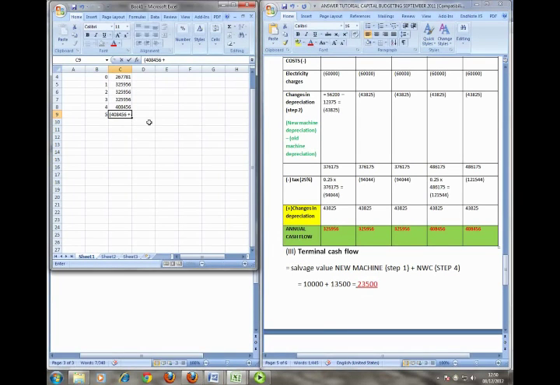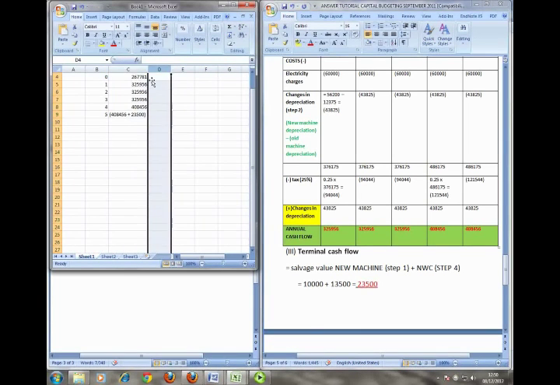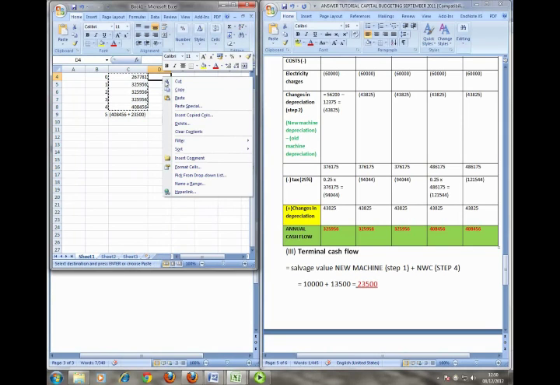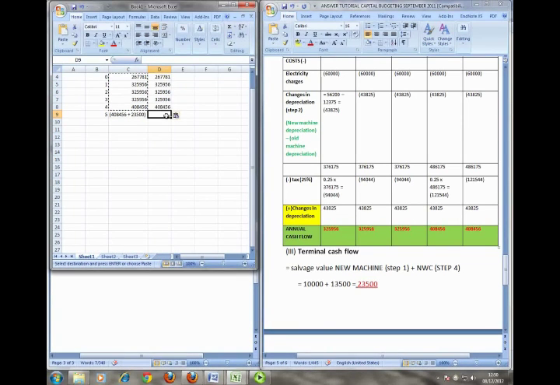Don't make a careless mistake, because most students always forget to add the terminal cash flow. You only add it at the end of the accounting, at year 5. What is the total cash flow for year 5? You will get 431,956. Clear?